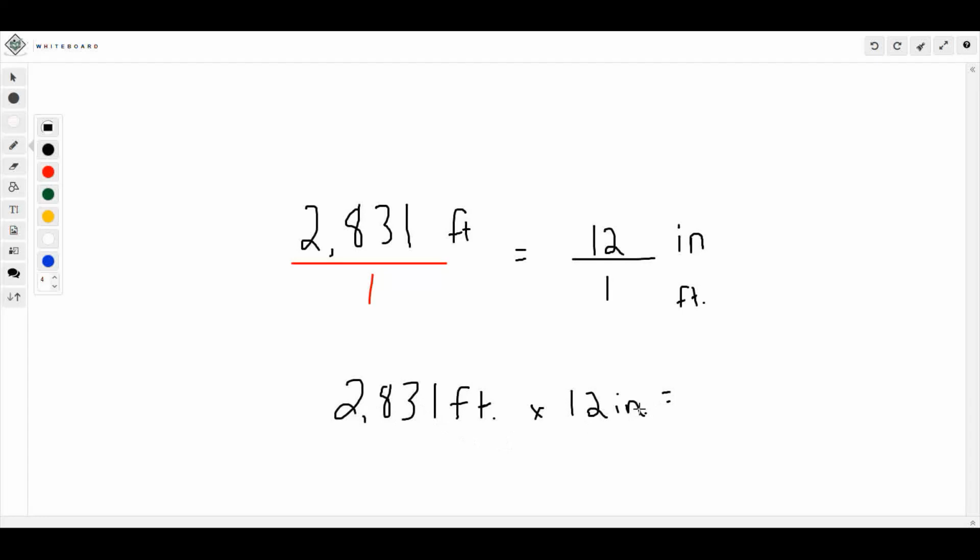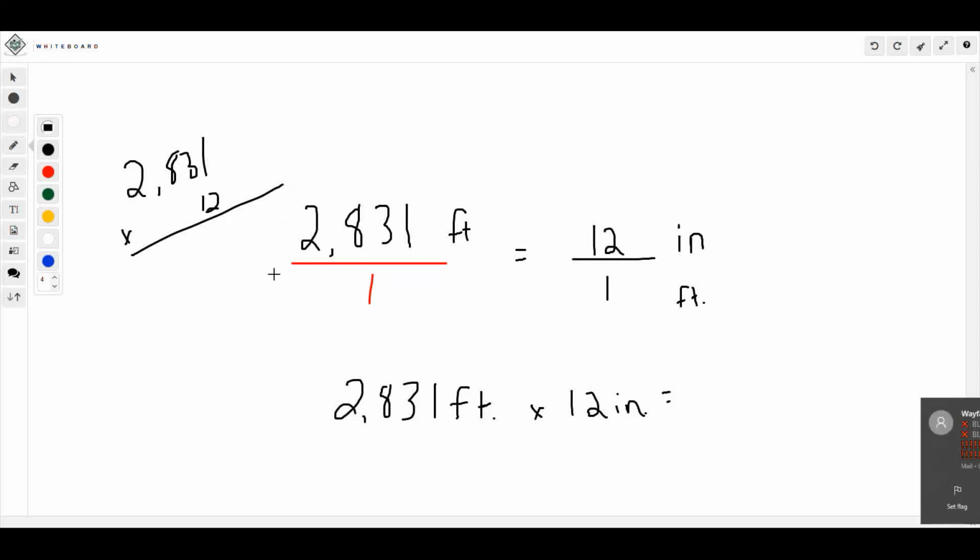So basically, you're just going to multiply 2,831 times 12. I'm not going to do that calculation for you because I know you can get that. If you do this calculation, you're going to get a pretty big answer. I'm going to let you pause it and do that calculation, and I'll tell you if you get it right.